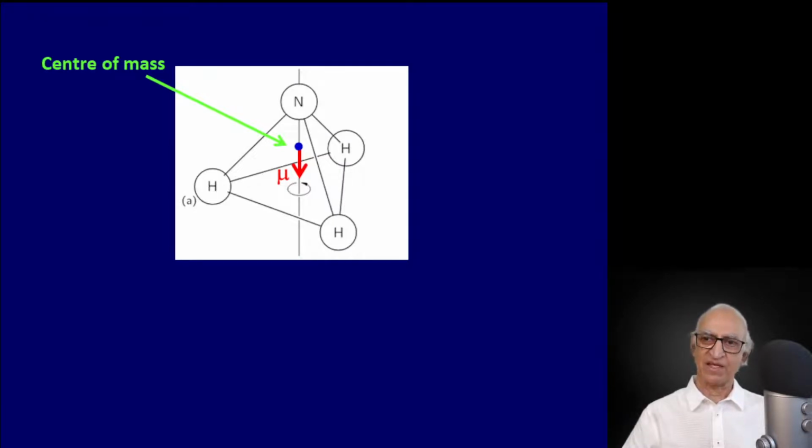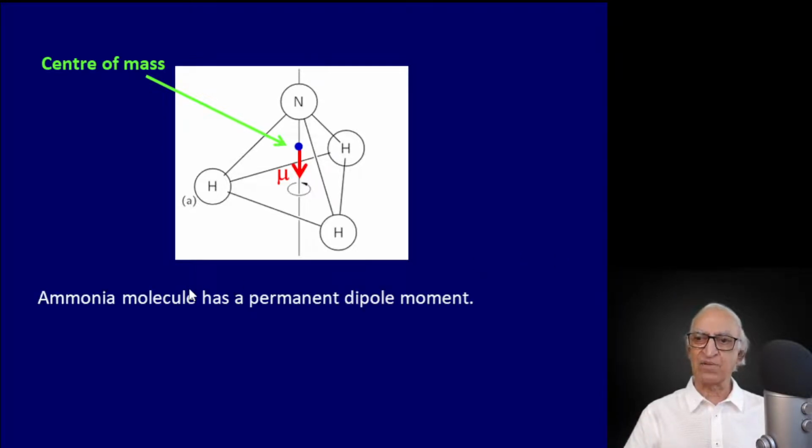Now, it turns out because nitrogen is heavier than 3 hydrogen atoms, the center of mass of the ammonia molecule is somewhere there, closer to the nitrogen than to the hydrogen. Now, as is beautifully explained in Feynman Lectures, this gives rise to an ammonia molecule acquiring a permanent electric dipole moment.